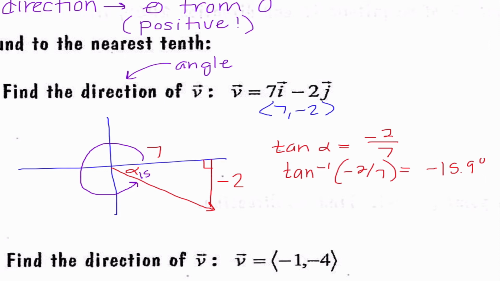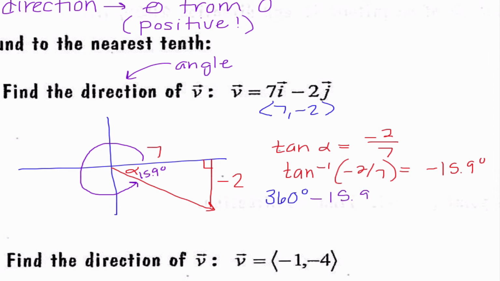So if this is 15.9 degrees, how are we going to find the rest of this? Well, this is just like finding reference angles when we are dealing with special triangles. So since this is in quadrant 4, I'm going to do 360 because that is this entire circle. And I'm just going to subtract this little piece that we know.